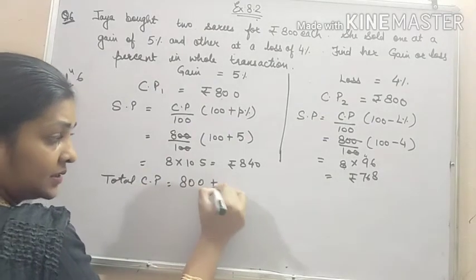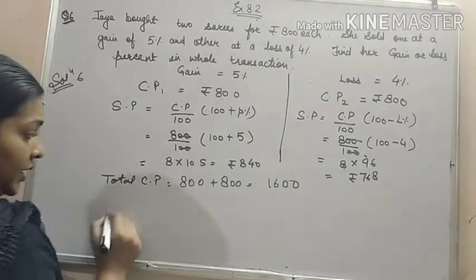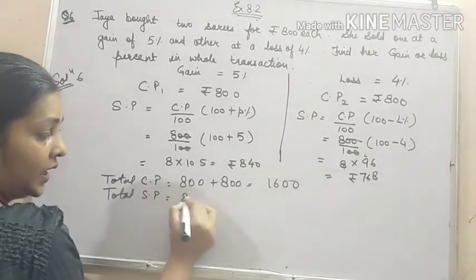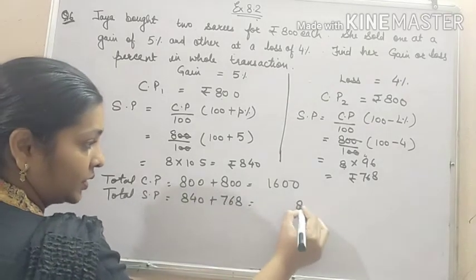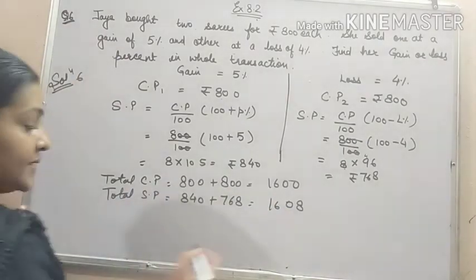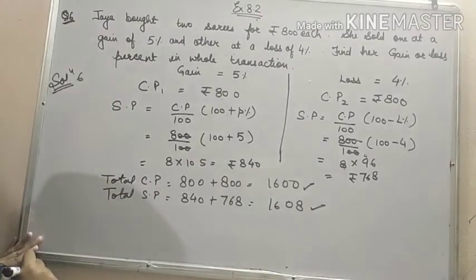So total CP is 800 plus 800, that is equal to 1600, and total SP is equal to 840 plus 768, that is 1608. CP is 1600, SP is 1608.